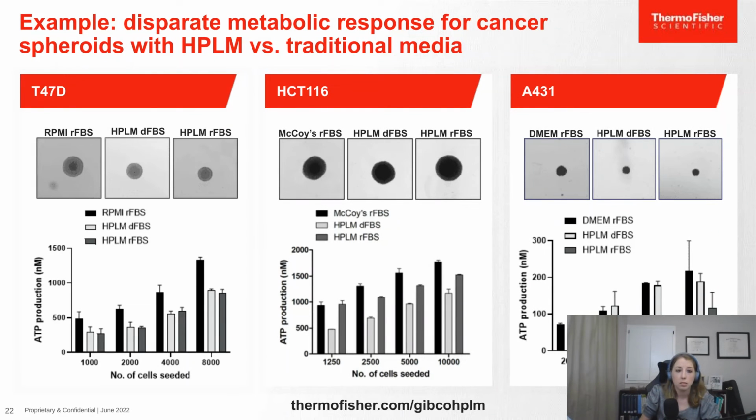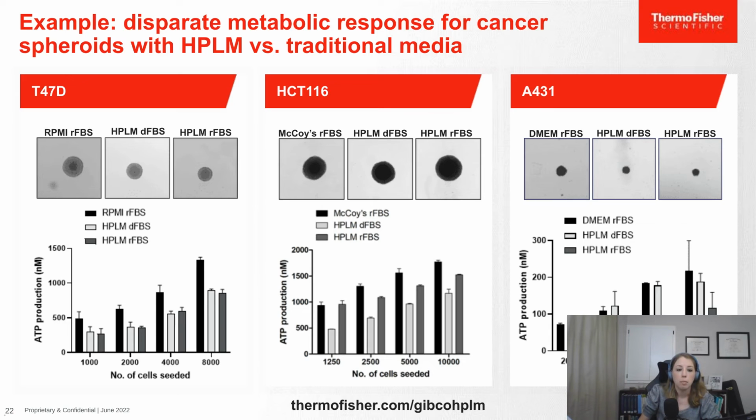For this study, we have spheroid models of 3 different cancer cell lines. Each line was grown in 3 different conditions: a traditional cell culture medium plus regular FBS, HPLM plus regular FBS, and HPLM plus dialyzed FBS.